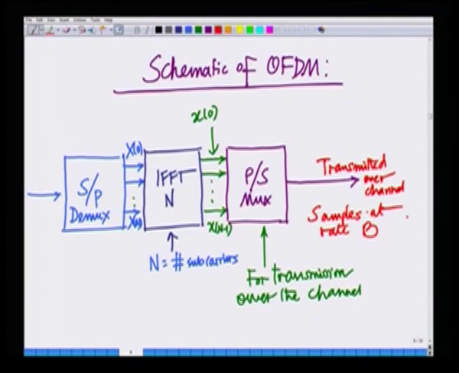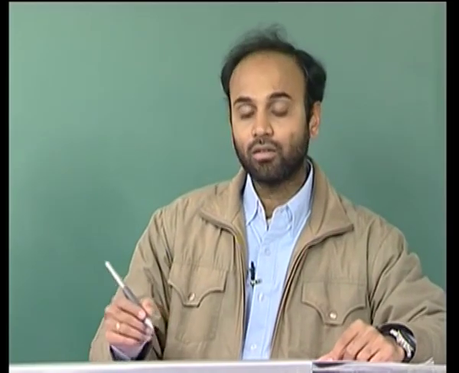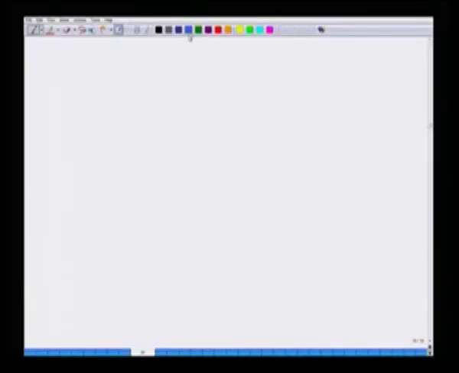Now this is the transmitter schematic. How does the corresponding receiver schematic look? So at the receiver, once I receive the information from the channel, so I am receiving the serial stream from the channel.